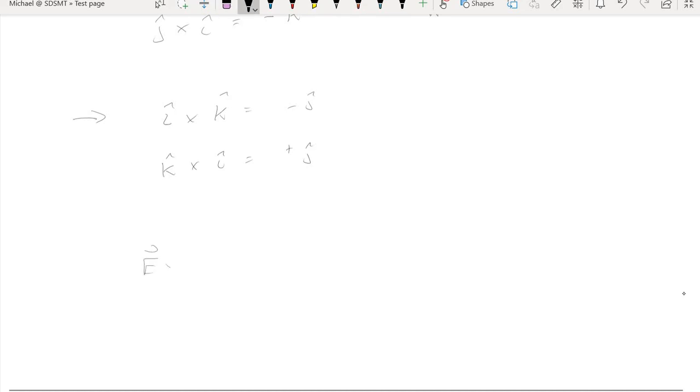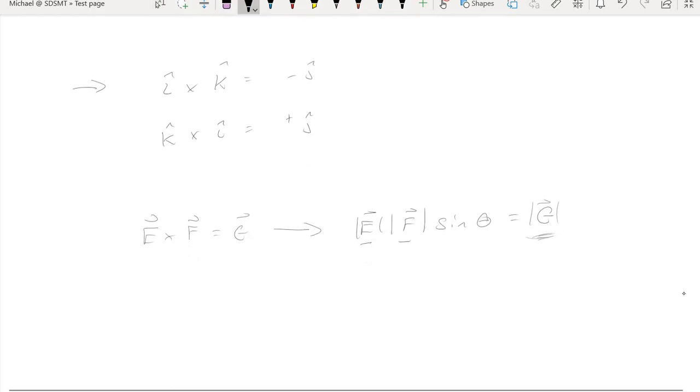We had used vectors E cross F equals vector G. Our first means of evaluating the cross product only provides us with the magnitude of vector G. If we know the directions that vector E and vector F are pointing, then we can extrapolate the direction that vector G needs to point. But right now, the only thing that this gives us is a magnitude.